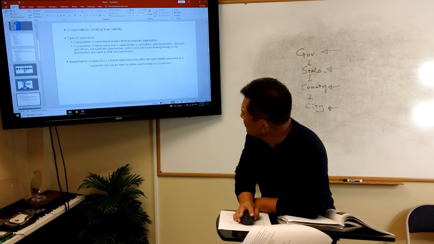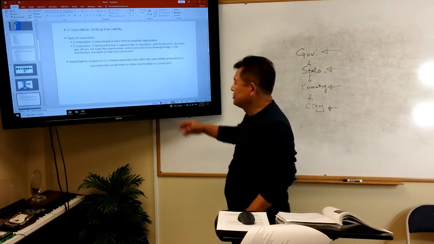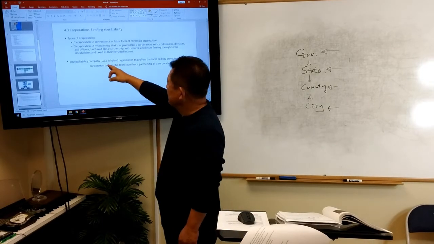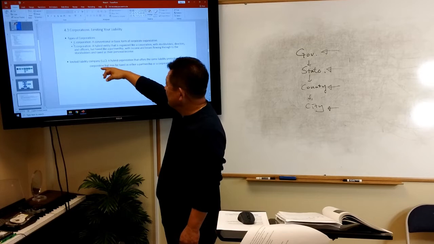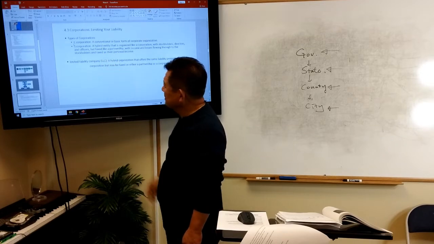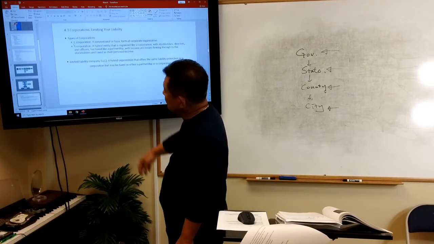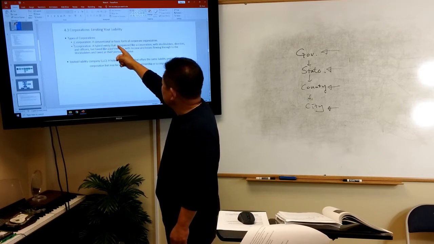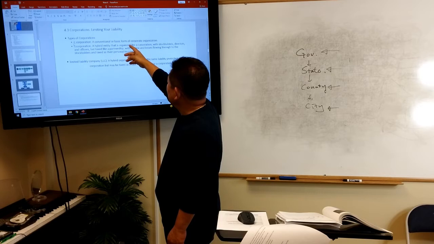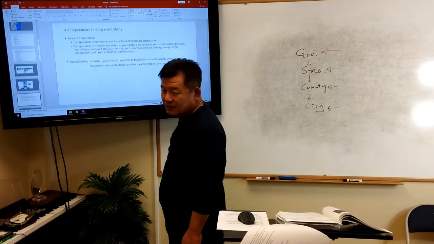Okay, let's move on. A corporation limits your liability. Types, two things. And mostly we say this: C Corp, S Corp, and LLC, limited liability company. What is the definition of C corporation? C corporation means it's a conventional or basic form of corporate organization.